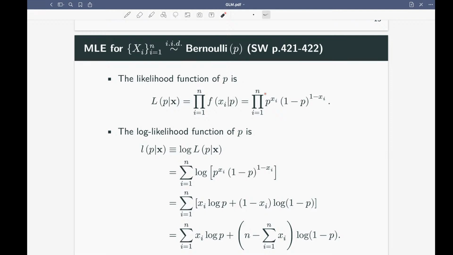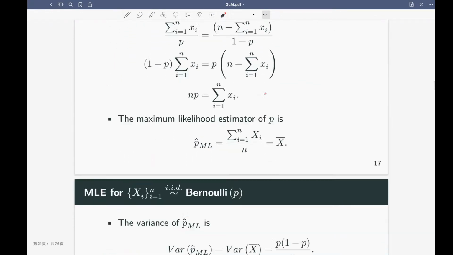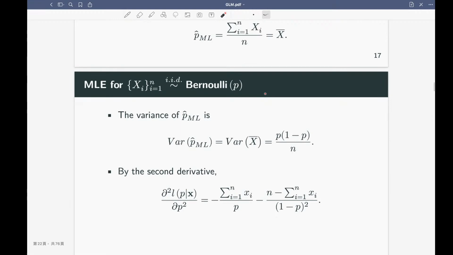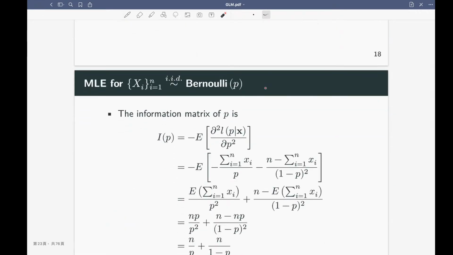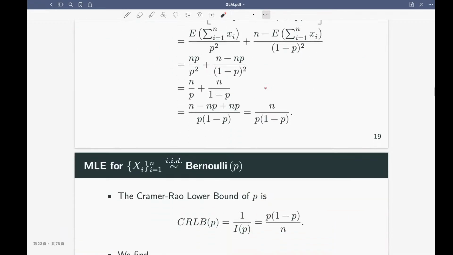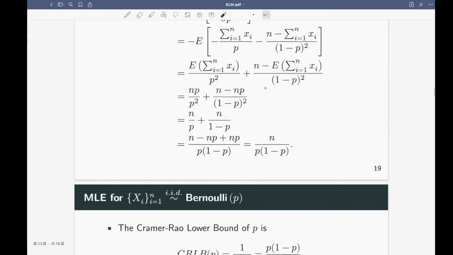So we derive the likelihood function, log likelihood function, first order condition, MLE, variance of the MLE, second derivative, and information matrix, and we find the CRLB is equal to the variance of the MLE.